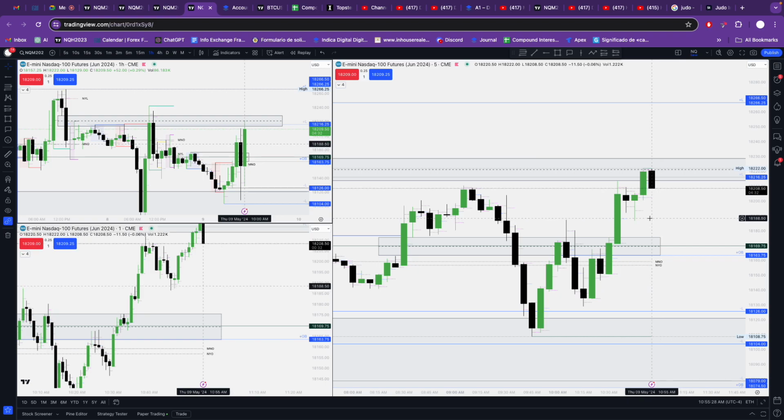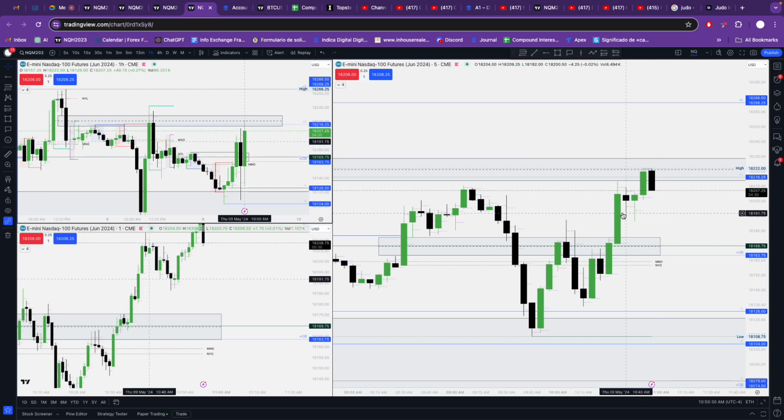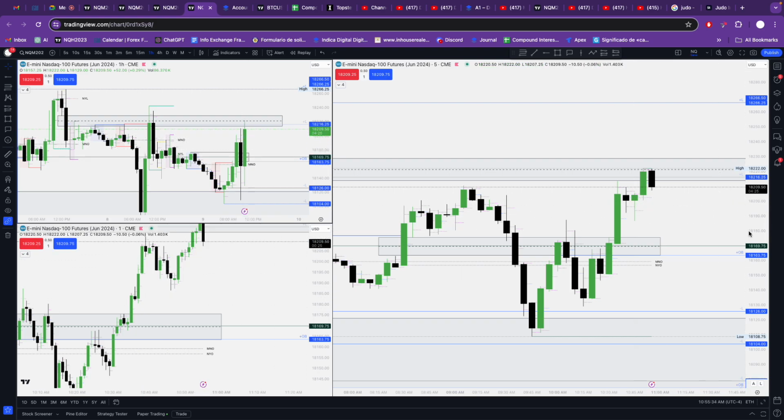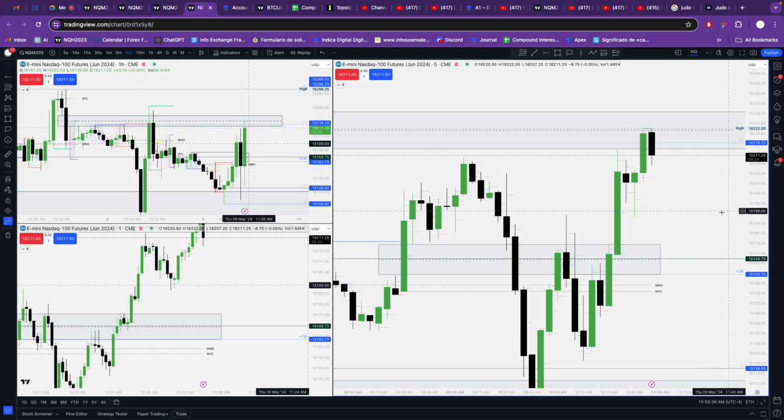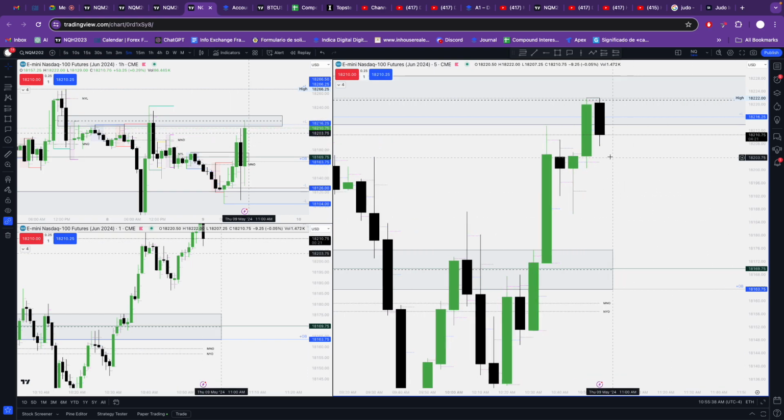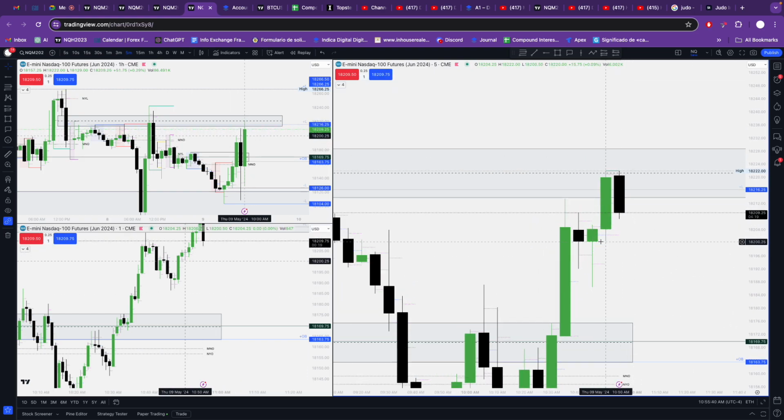So again, the other reason why I took this, I reversed it was because I noticed that we came down into this 5 minute fair value gap, and the other thing that I want you to think about is as these candles are forming, as soon as we go to one side and fail to put a body down, we're gonna try to go to the other side, and that's what we did here. And we have to look where do we open up and where are we on this side of the open?